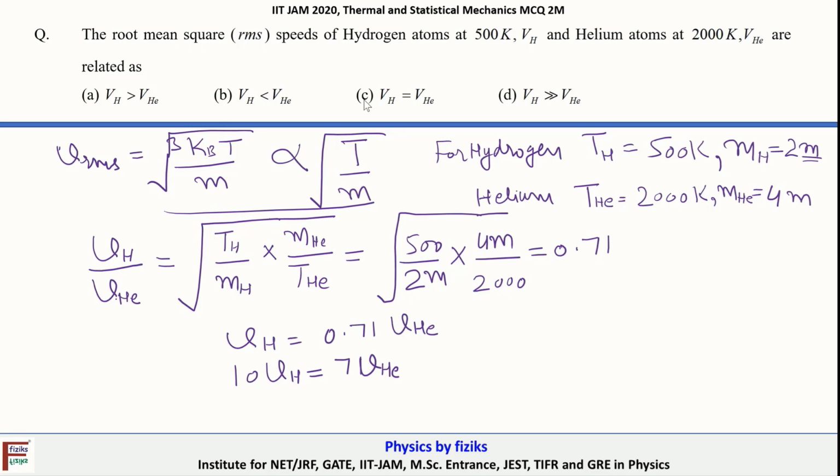So this clearly indicates that the RMS speed of hydrogen is less than the RMS speed of helium for the given conditions. So therefore B is the correct option.